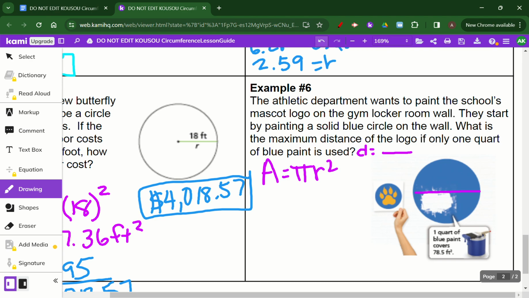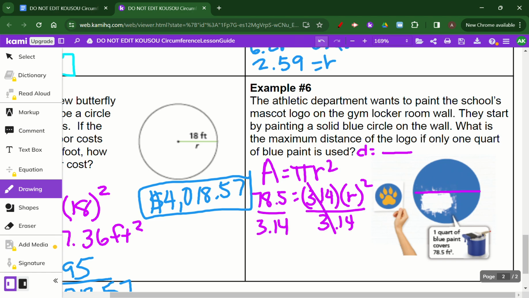All right, so our area that we're going to plug in is 78.5. We're going to plug in 3.14 for pi. And we're going to solve for the radius. Divide each side now by 3.14 so that'll cancel those out.